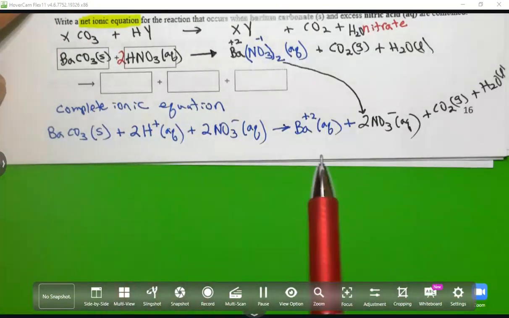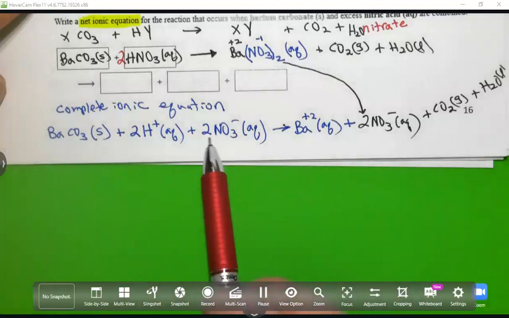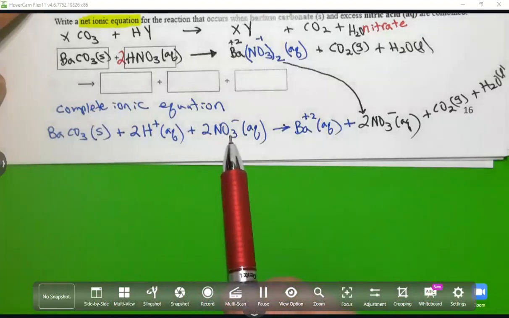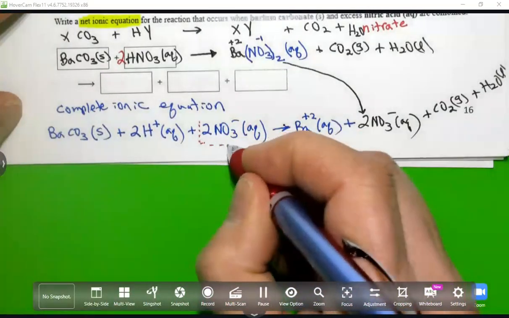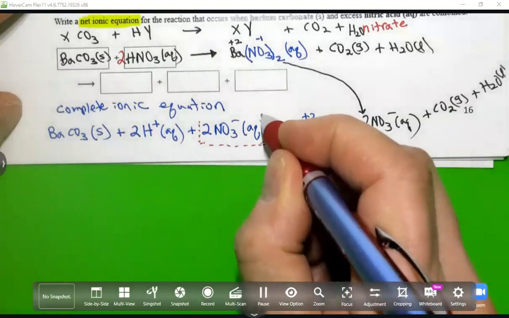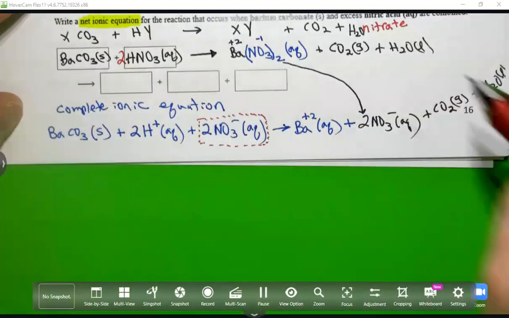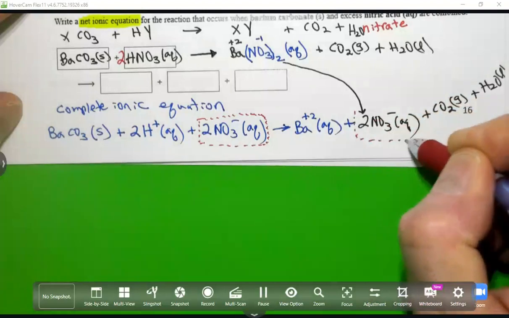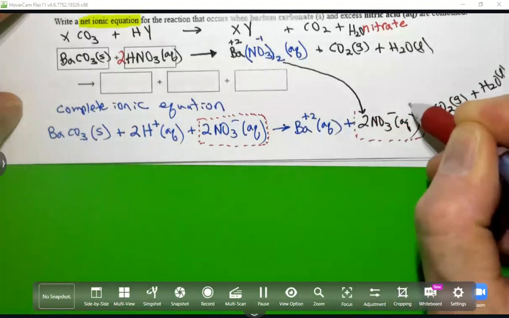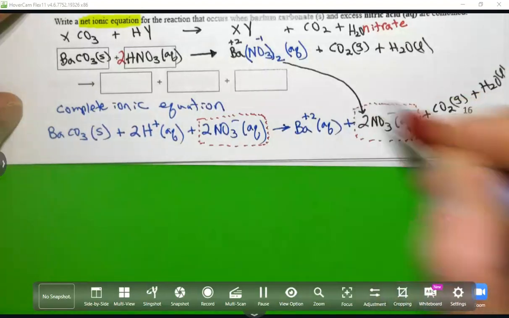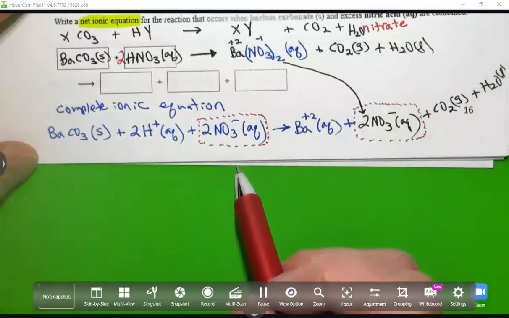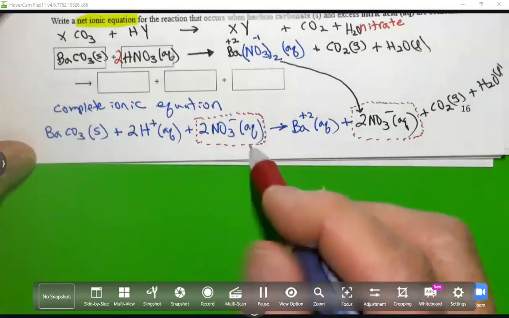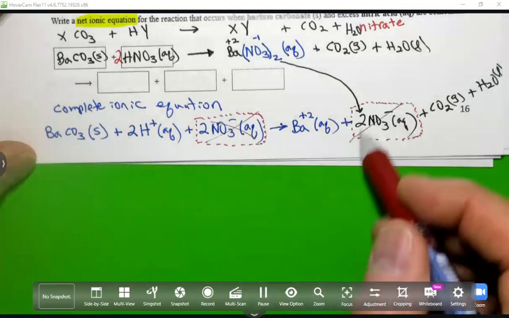And my spectator ions, I've got 2 nitrates here, and I've got 2 nitrates over here. And that's all I can cancel out. So I'm going to put a light X through these.